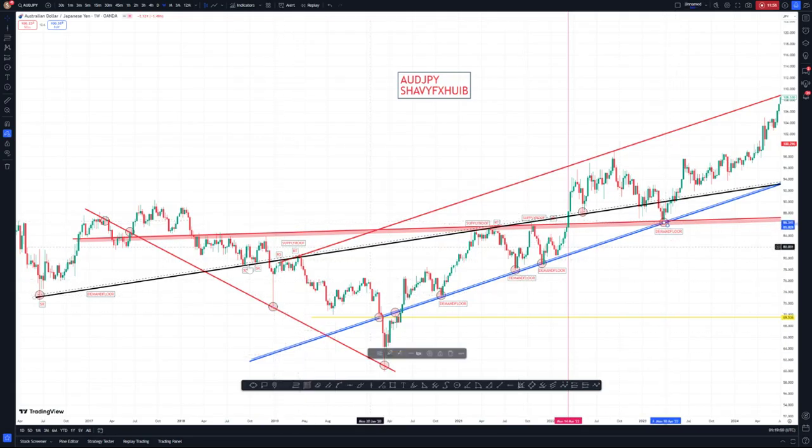When we look back in 2016, 2017, we had a support structure, a break of a support structure. Price respected it, respected the broken support structure, and tried to pull down, and also got rejected.